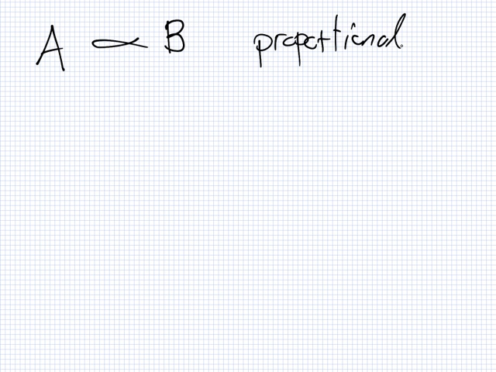Do this to this, the other happens to that. Proportional means when you double one, the other is also doubled, or if you halve one, the other is also halved. So, for example, if A is proportional to B, and you multiply A by 2, then B also gets doubled.